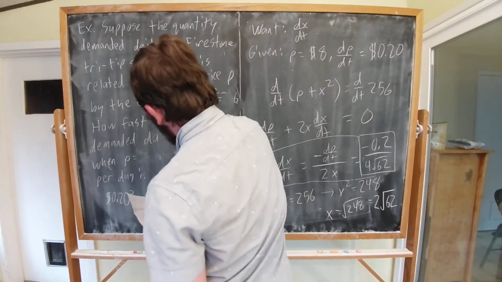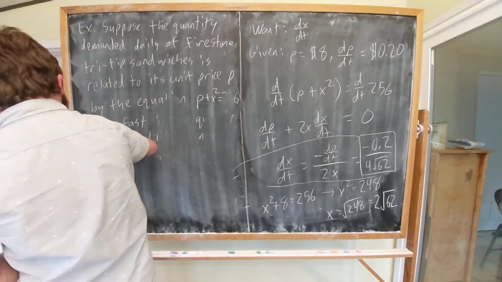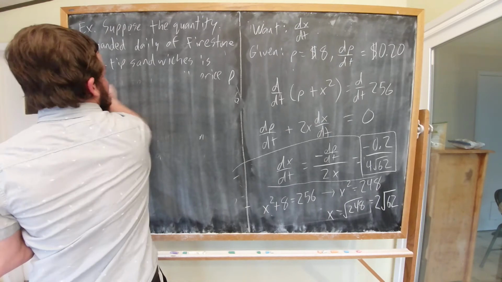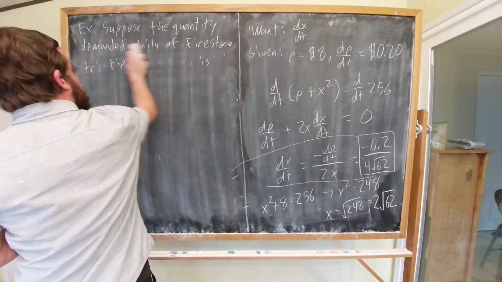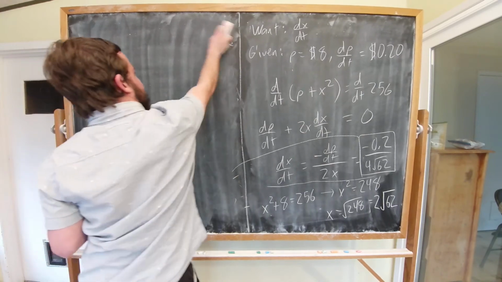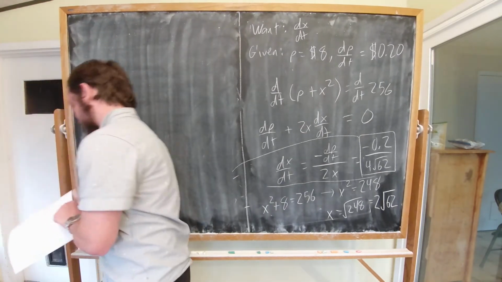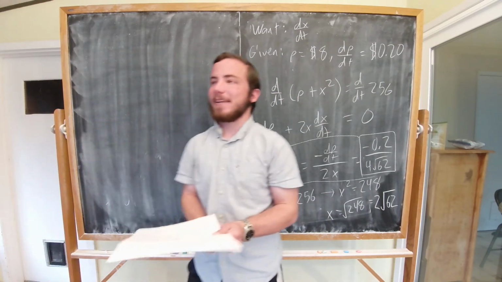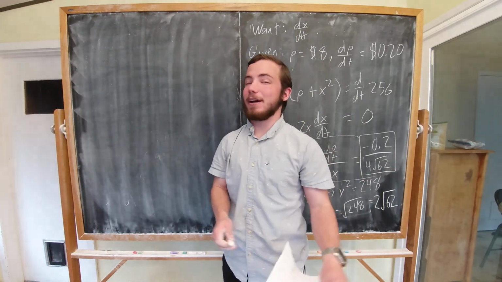So this is the kind of process we go through to solve related rates problems. You take the derivative on both sides with respect to the independent variable, and then solve using the information that you have. I see in my lecture notes I wrote that out formally.